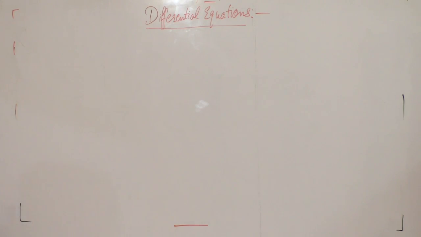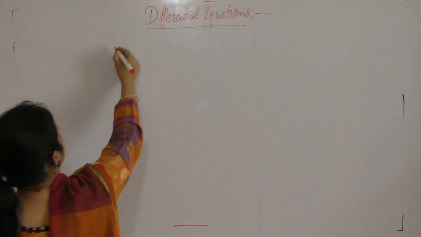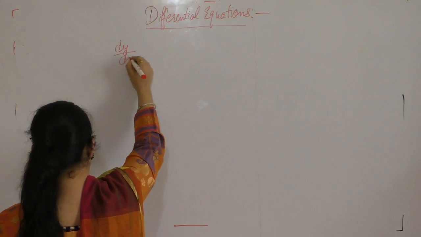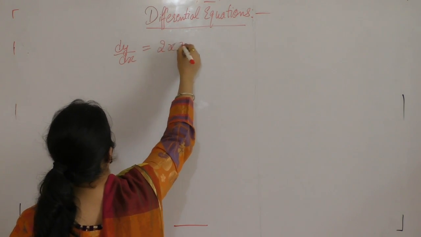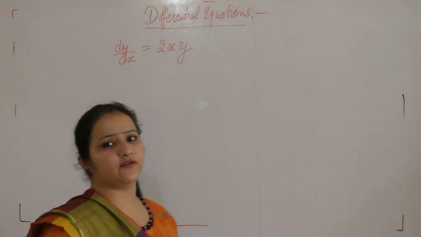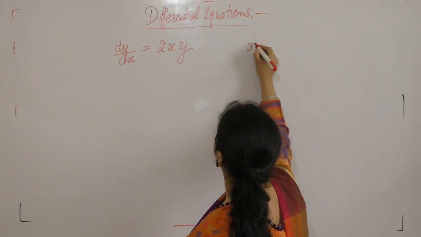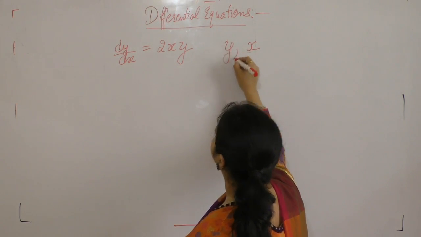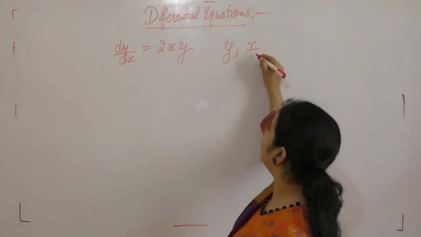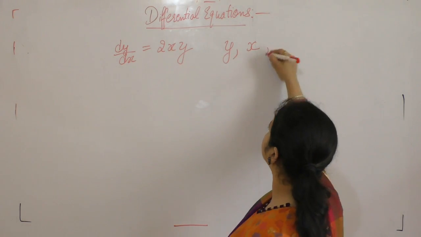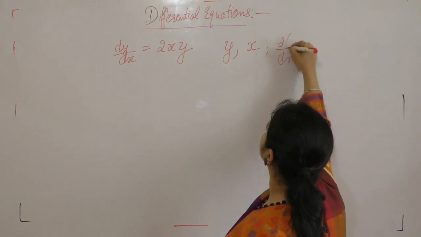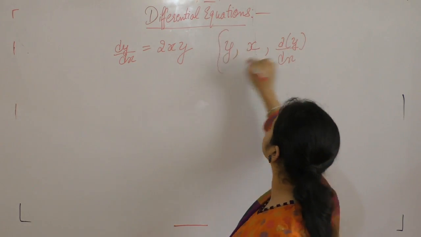An equation, if we write the equation dy upon dx is equals to 2xy, it is a differential equation. It contains a dependent variable y, independent variable x, and derivative of dependent variable.